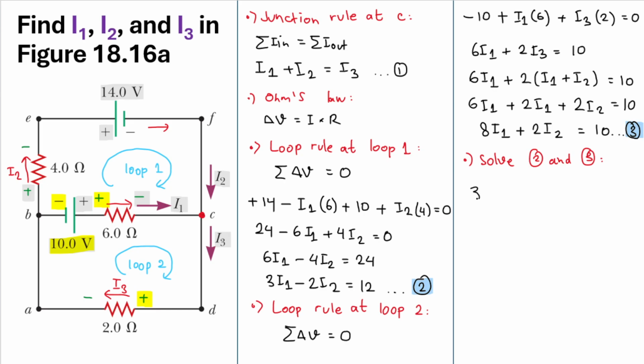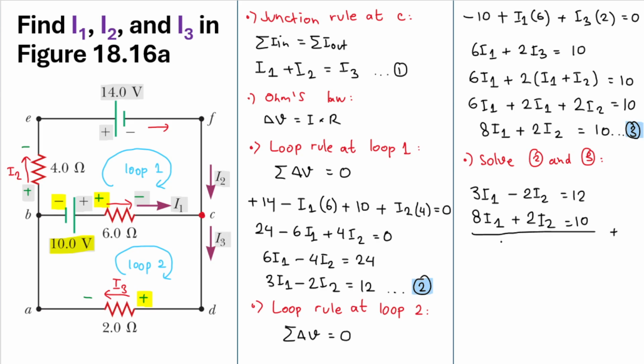So I will have 3I1 minus 2I2, that will equal to 12. And then we also have 8I1 plus 2I2, that will equal to 10, right? We can just add them up, right? And we can get rid of the I2 term.